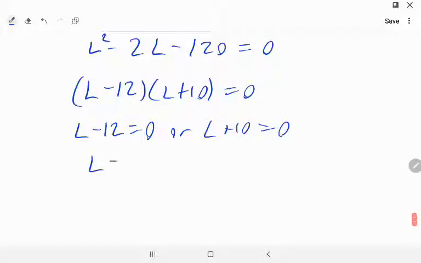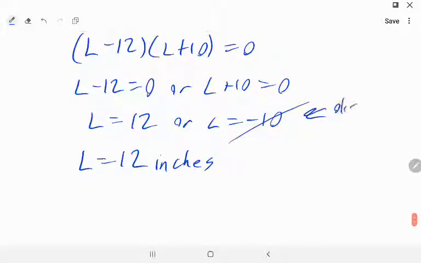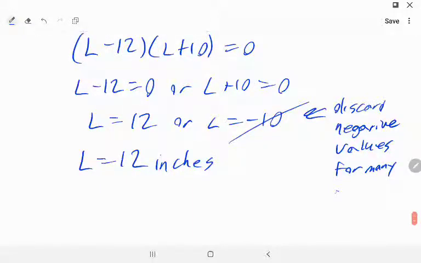And so we know L equals 12 or L equals negative 10, but this is the area of a painting, so the length could be 12 inches or negative 10 inches. For a lot of application questions we discard negative values. Not all applications will discard negative values, but many will.